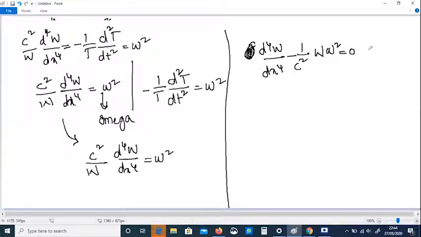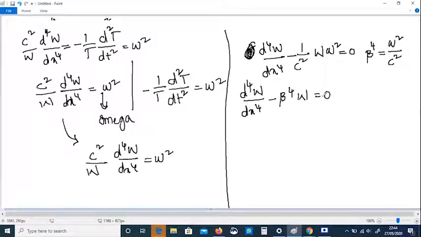So let us say that beta to the power of 4 is equal to omega square by c square. So we are going to further simplify this equation using beta to the power of 4. So now this equation will be d to the power of 4 w by dx to the power of 4 minus beta to the power of 4 w equal to 0. And please note that this is a function of x.